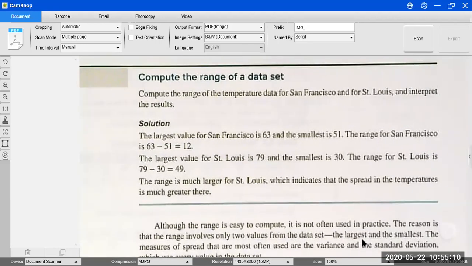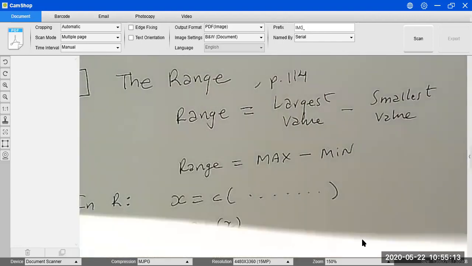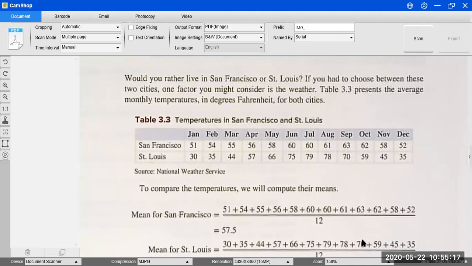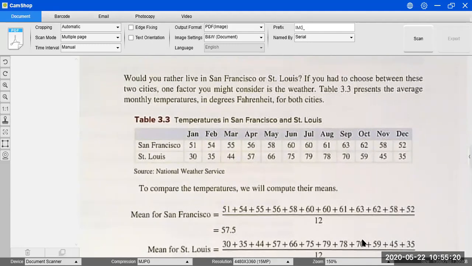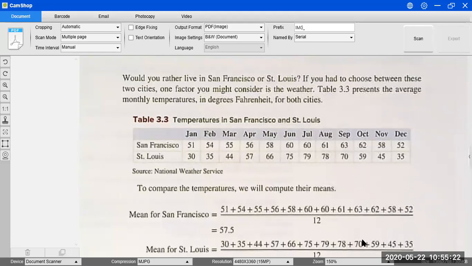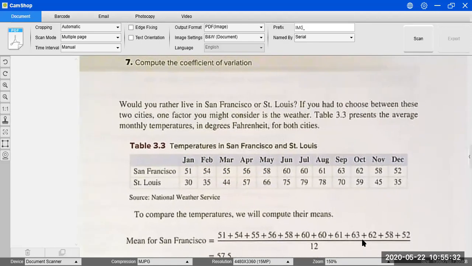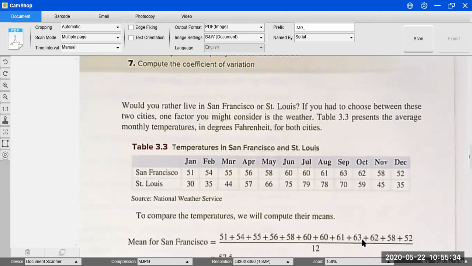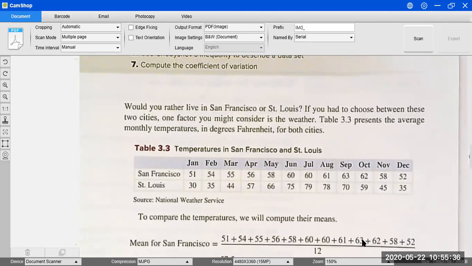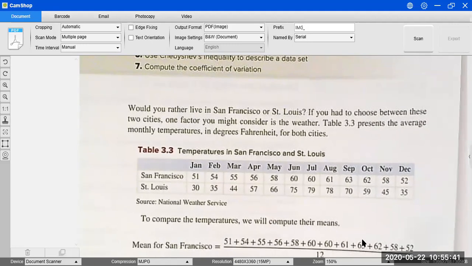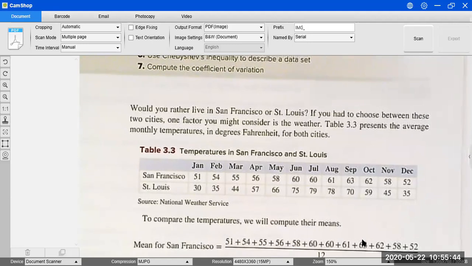What they are talking about is table 3.3, that shows the temperatures in San Francisco and St. Louis, from January through December. We're going to enter those values into R to find the maximum and the minimum, just for you to see the functions. But you can inspect the data set and find right away what the maximum and the minimum values are.